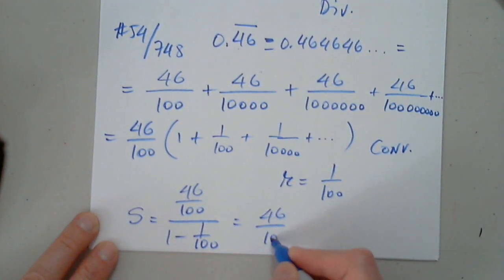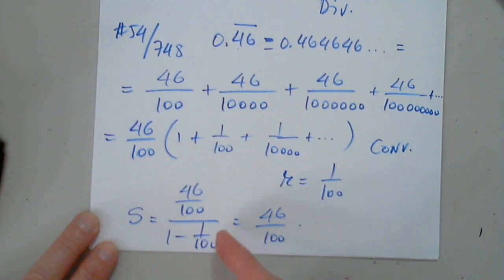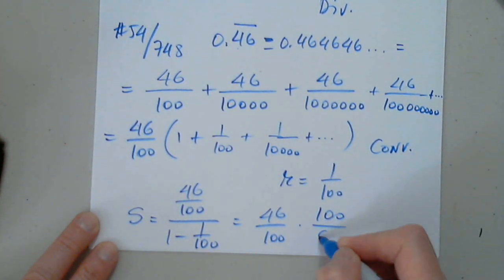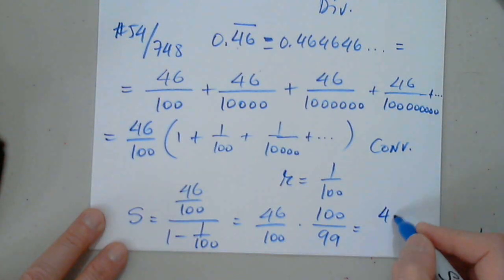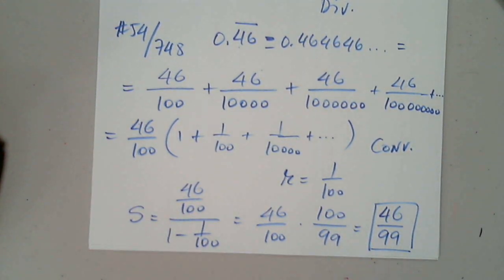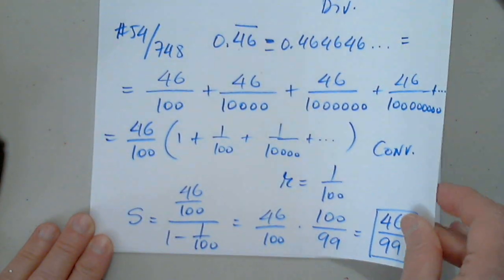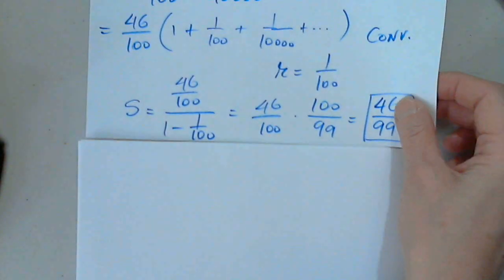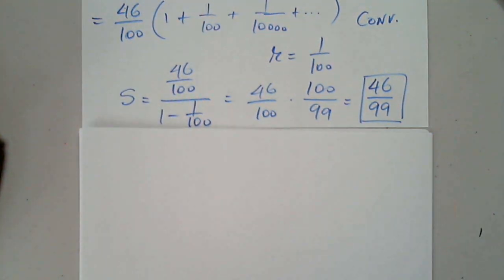So 46 over 100 times 100 over 99. So the answer is 46 over 99, as we knew from arithmetic a long time ago. Okay.